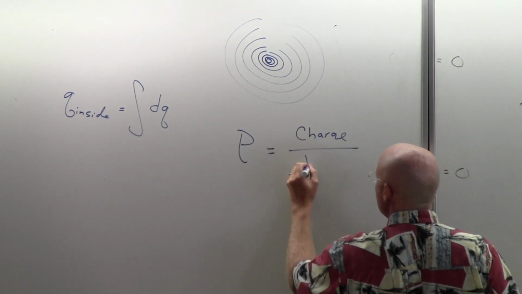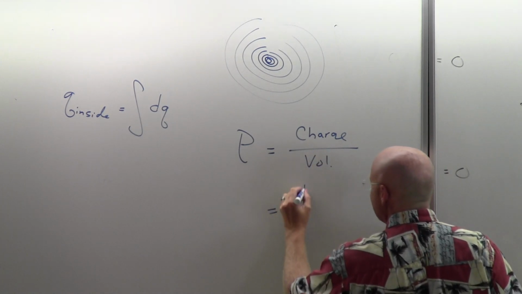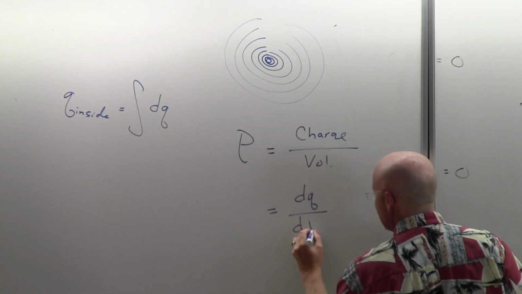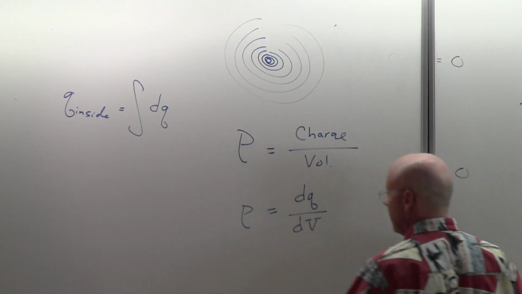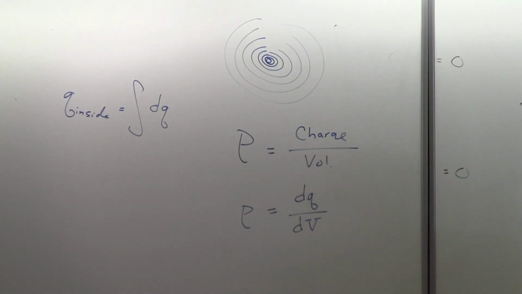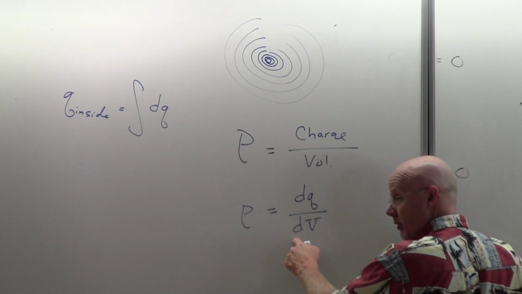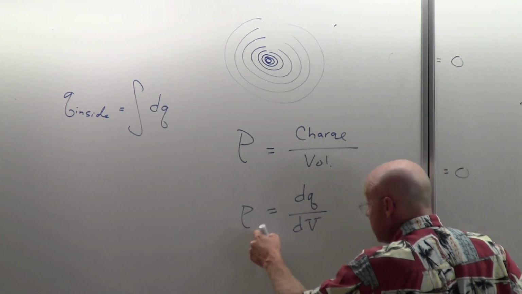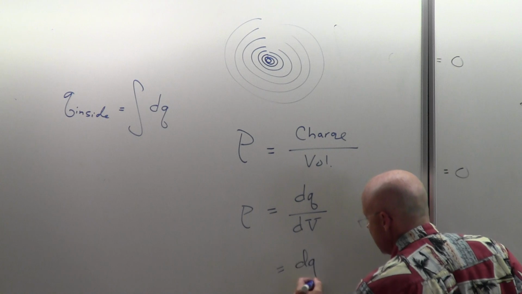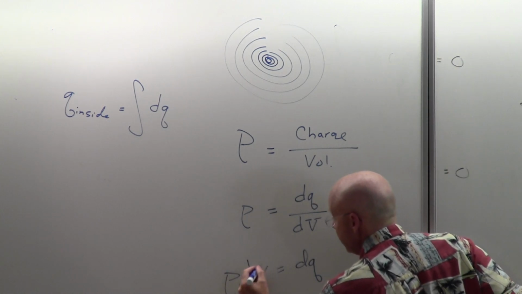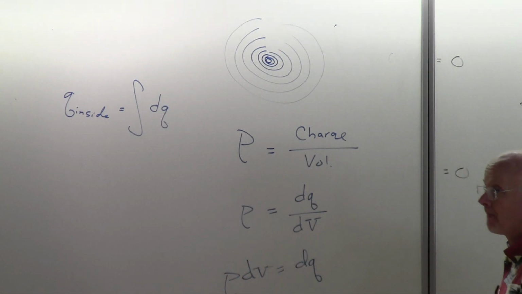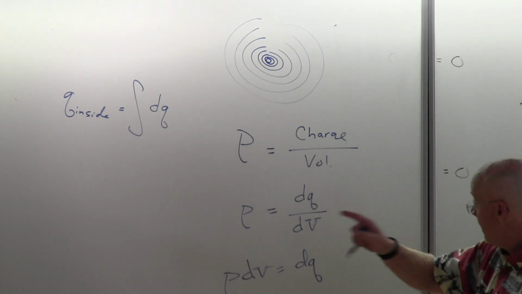How much charge do you have in a given volume? So let's take a little bit of charge inside a little bit of volume. If it's a uniform charge density, the whole charge over the whole volume, which we talked about a few moments ago, would be the same as a little charge inside a little volume. The reason I like that is because a little volume times density would give me my little bit of charge. And so dq is rho dV. Can you divide dV into dA times something else? Hang on, let me put this in here.